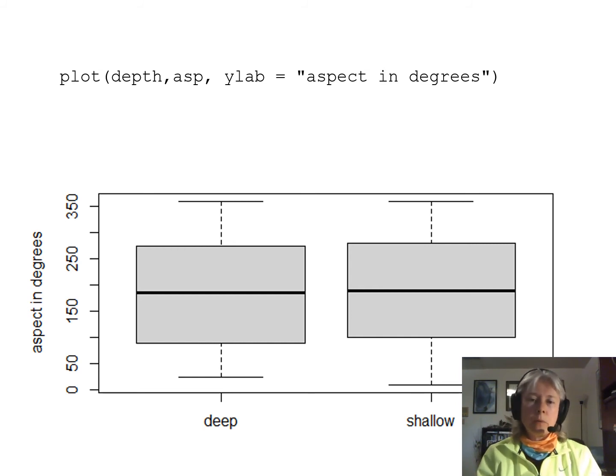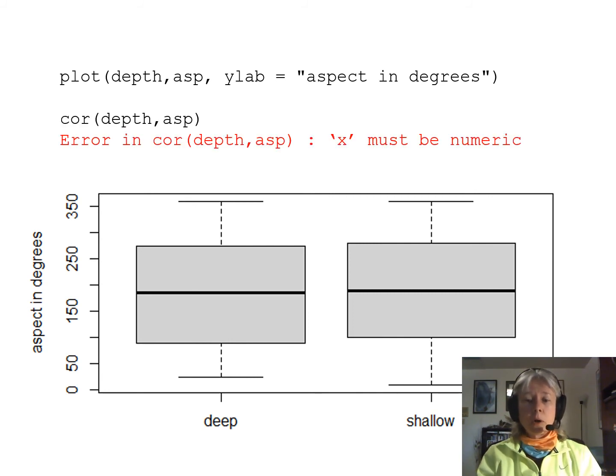And again, I had no ecological reason to think that there would be. I'm just choosing these as examples. You can try to do a correlation analysis on these variables, but R gives you an error message because correlations can only be computed between two continuous numerical variables.